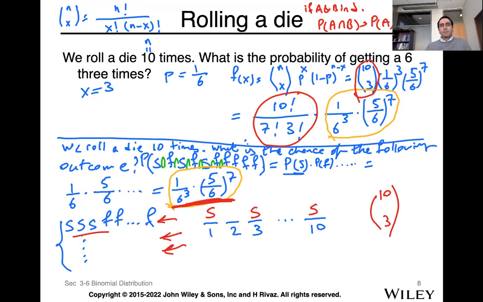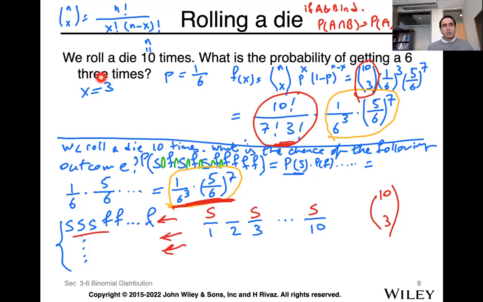Any questions? Can you explain the factor on the left again? I'm not sure I got it. Yeah, sure. So this number, the factorial guy? The 10 factorial divided by 7. Yeah, sure. So basically, in the original question, we want to have 3 successes.